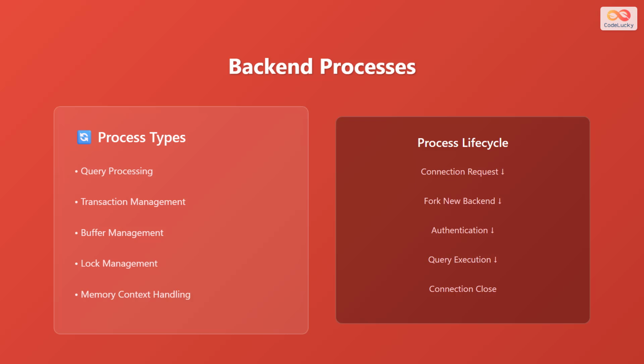Backend processes handle client requests in PostgreSQL. Different process types include query processing, which involves parsing, planning, and executing SQL queries. Transaction management, which ensures atomicity, consistency, isolation, and durability, or ACID properties of transactions. Buffer management, which manages the shared buffer pool in memory.